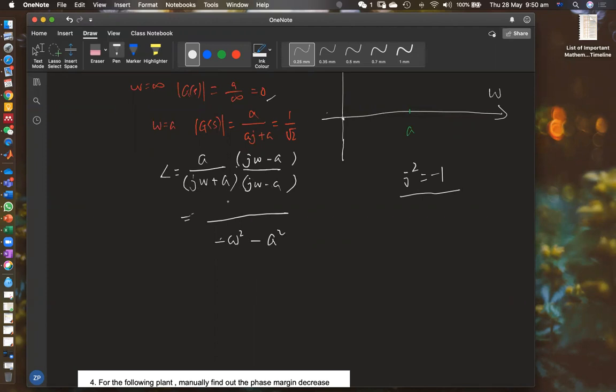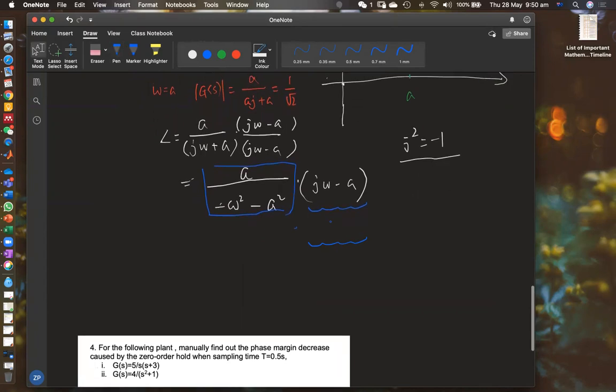And on the top, you got A, I'll just leave A here. And we'll put this J omega minus A over here. Right, so the bottom is a real number. Well, basically, this is just a negative number, right? So if we look at the phase, what matters is this part.